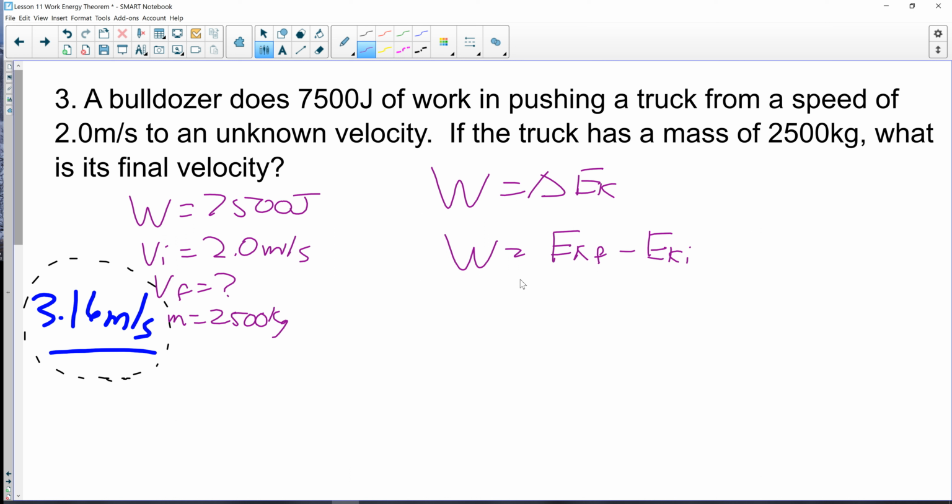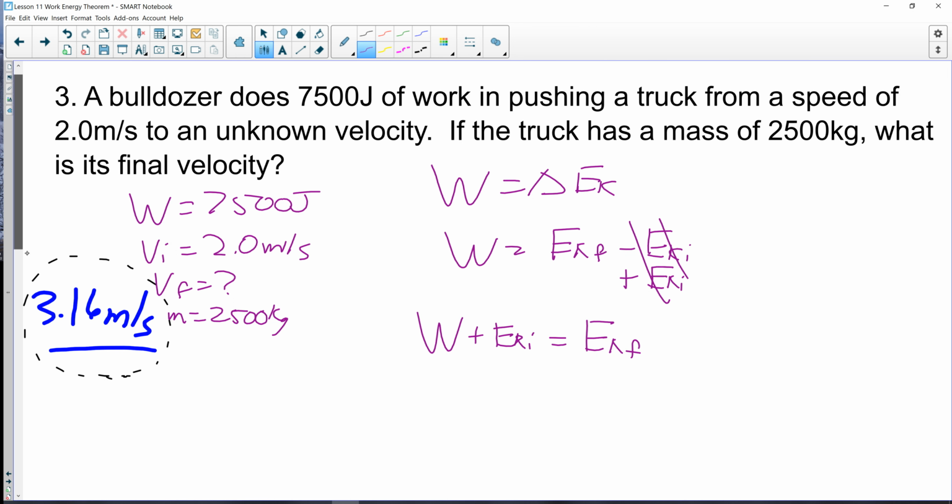It's probably not a bad idea to do it now, before I have the 1/2 mv squareds in there. So right now I'm going to take work, which is a change in energy, and add the initial energy to the change. That should give me the final energy, agreed? So I'm going to add EK initial to both sides, and I'll end up with work plus EK initial equals EK final.